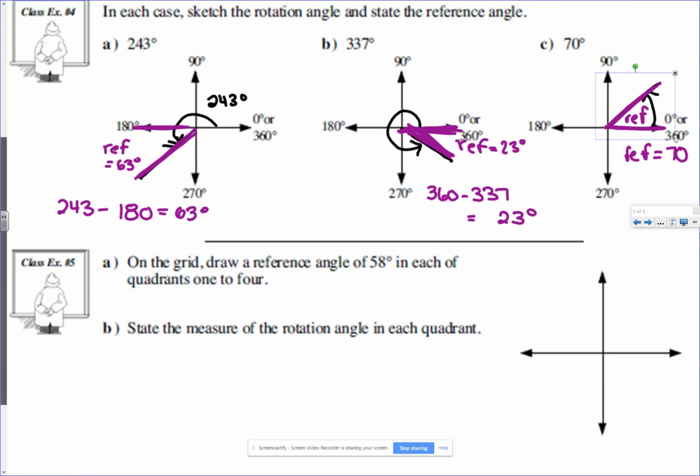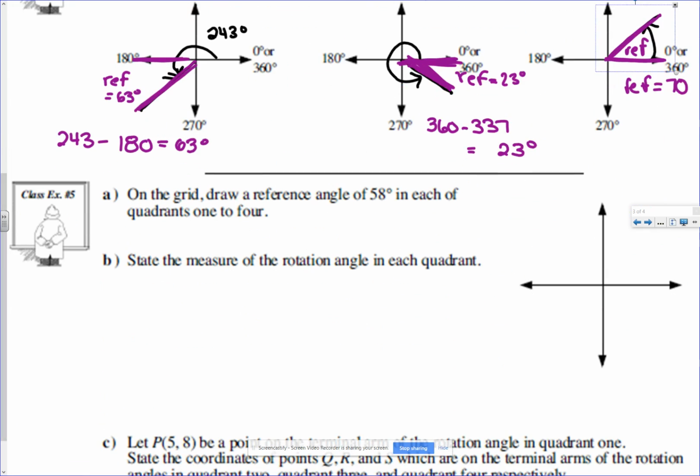So now it says on the grid, draw a reference angle of 58 degrees in each of the quadrants from 1 to 4. So remember, a reference angle is from our axes up. So there's my reference angle of 58 degrees in quadrant 1. Then in quadrant 2, I have it from my x-axis up. So that's 58 degrees.